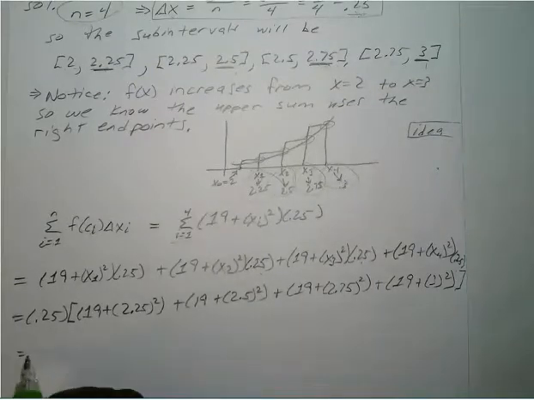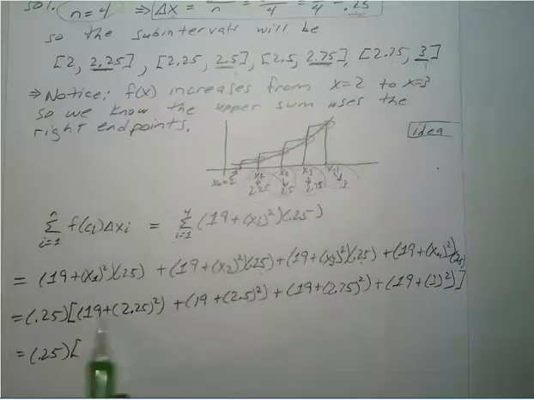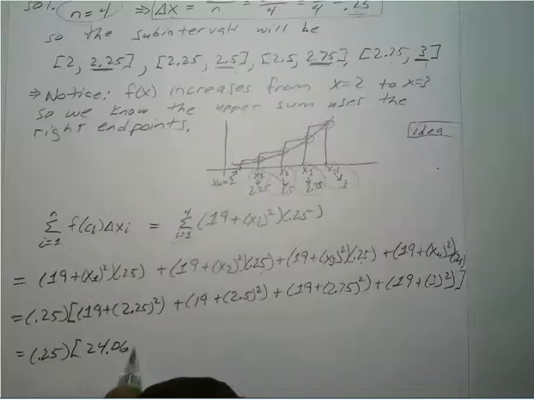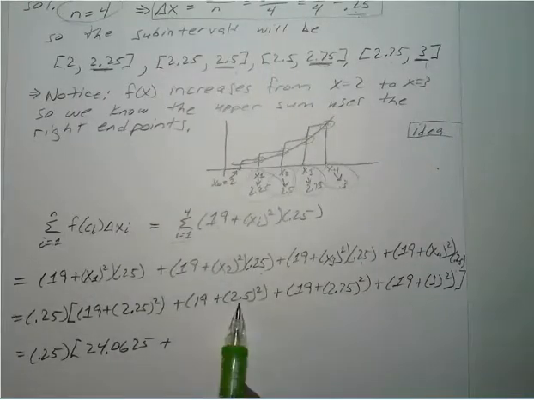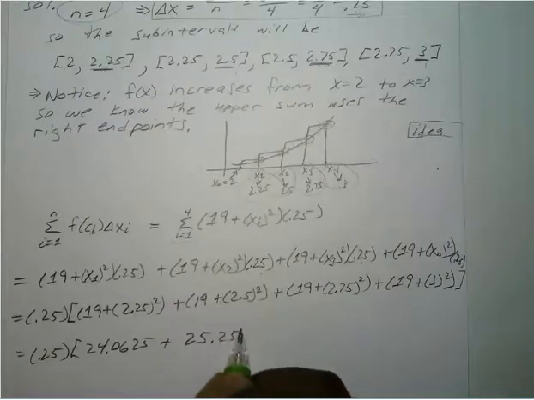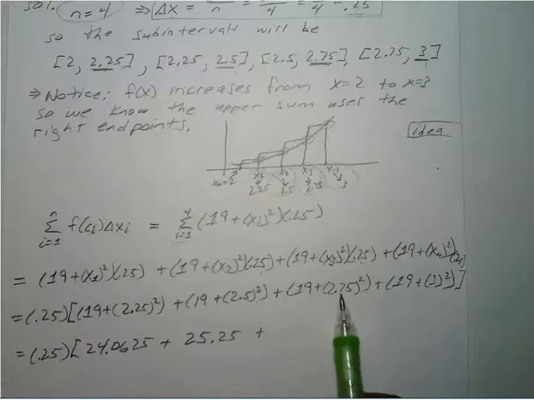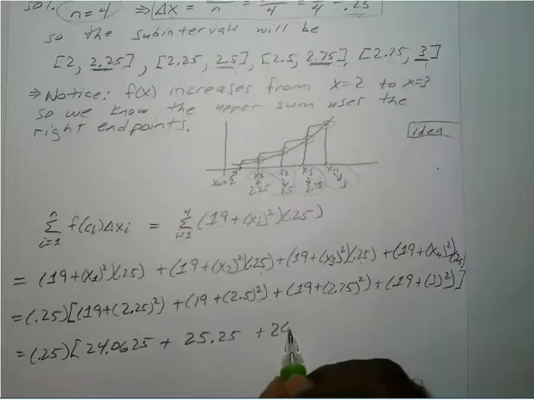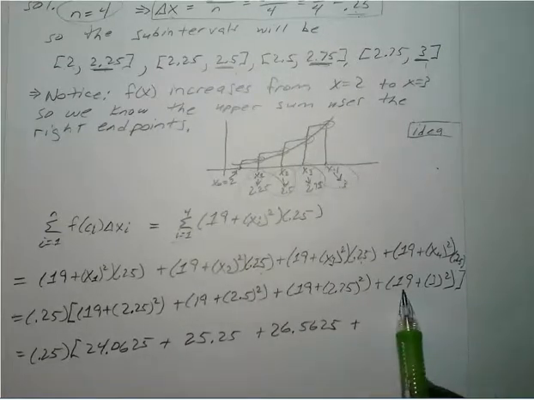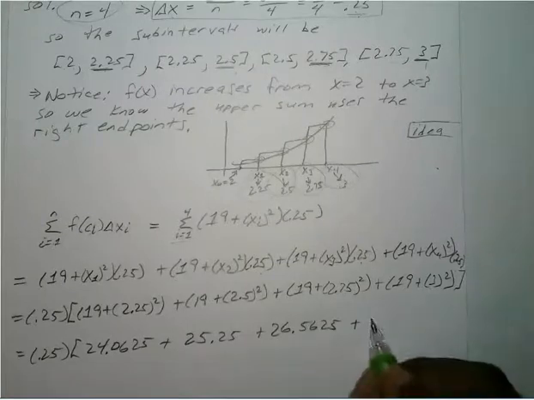Okay, so that gives us our 0.25 that we factored out. 19 plus 2.25 squared is actually 24.0625, plus 19 plus 2.5 squared is 25.25, plus 19 plus 2.75 squared is 26.5625, plus 19 plus 3 squared is 28.